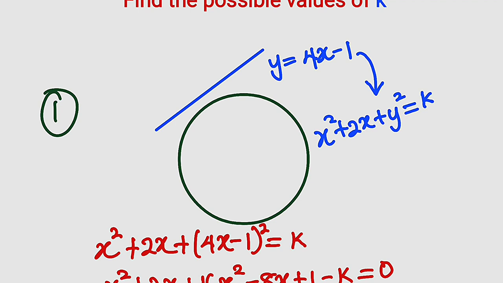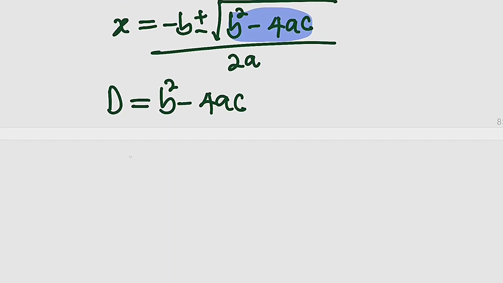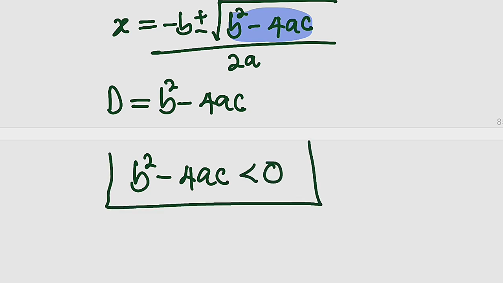But if the line and the circle never intersect, if you simplify the discriminant, you're going to obtain a value which is less than 0. Since our circle and the line never intersected, definitely the discriminant will be a value less than 0, right? Therefore, we expect b squared minus 4ac to be less than 0 in our own situation because the line and the circle never intersect.